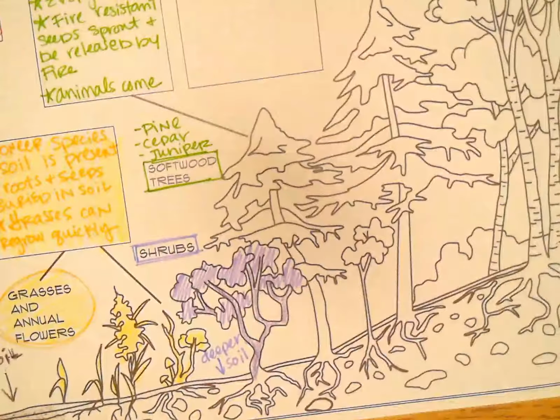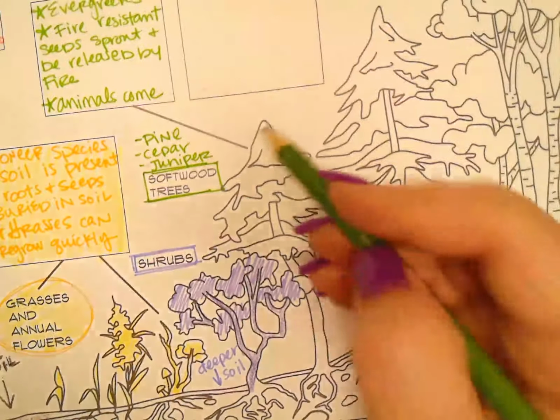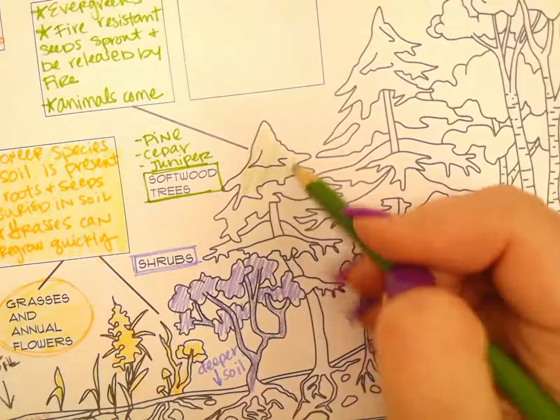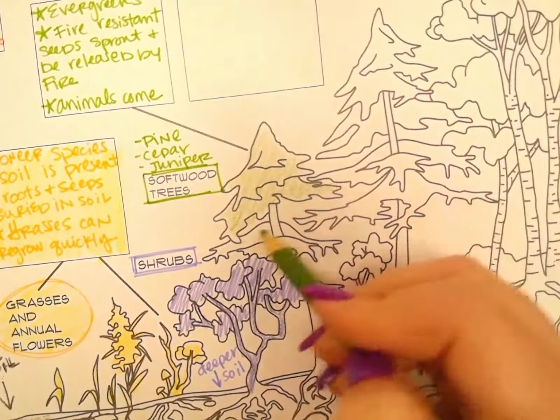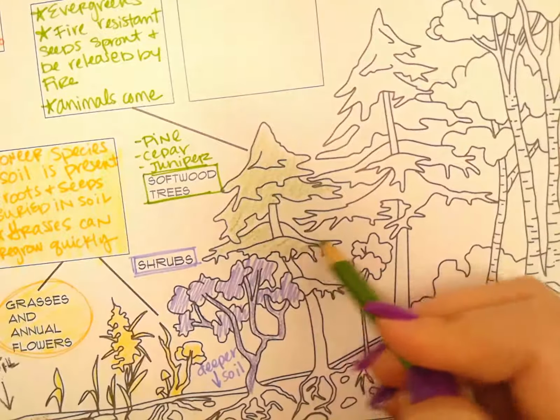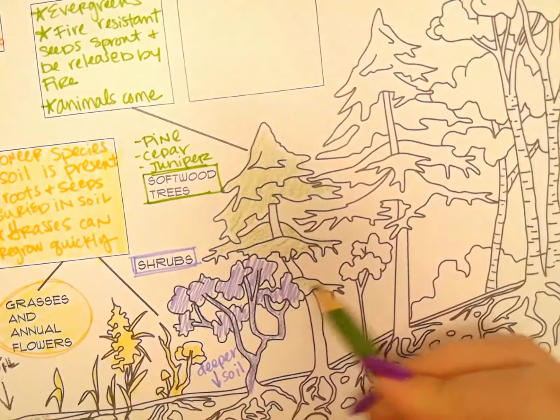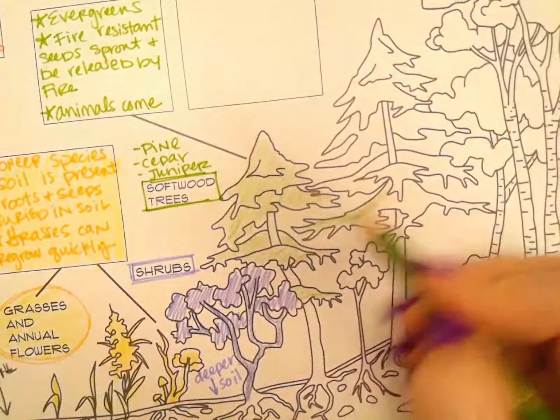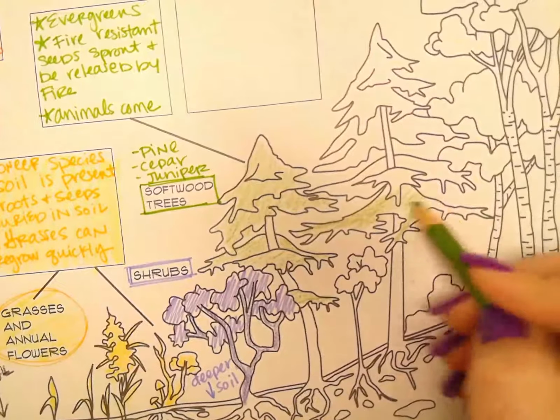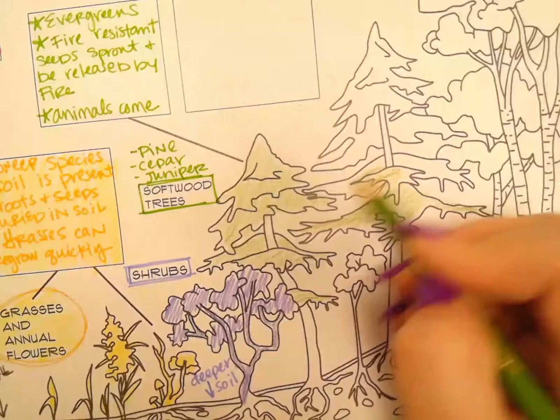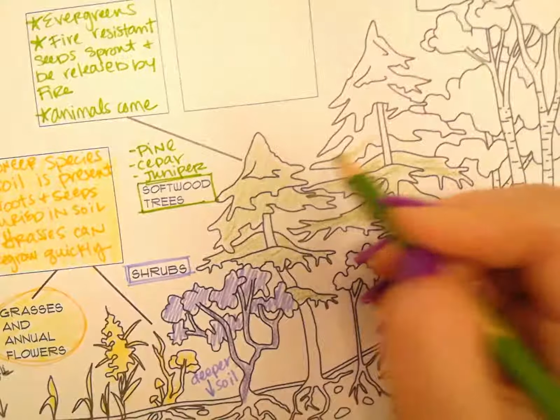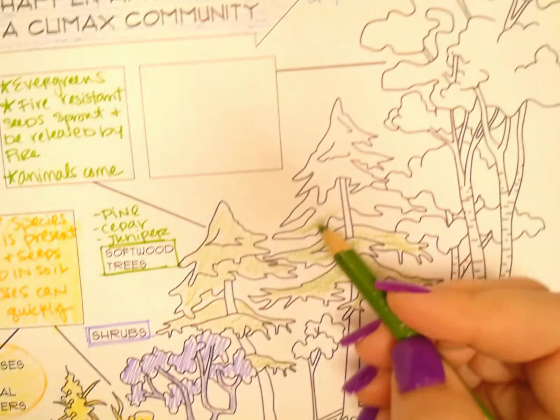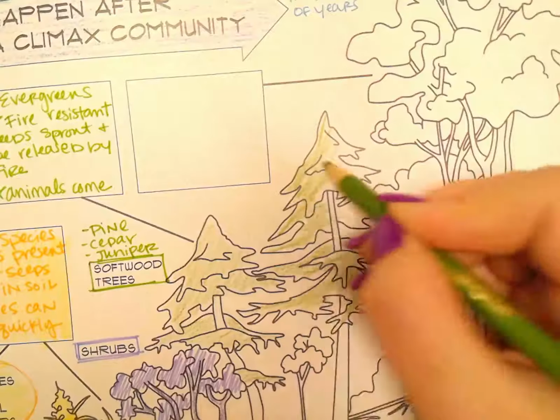So we're going to zoom over here and color in our evergreen trees in green. Got a couple of them here. And these evergreen trees are actually going to provide a kind of safe space and protection for some small hardwoods to start to grow as well.